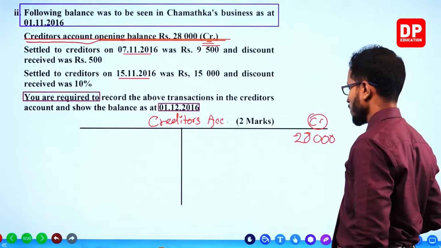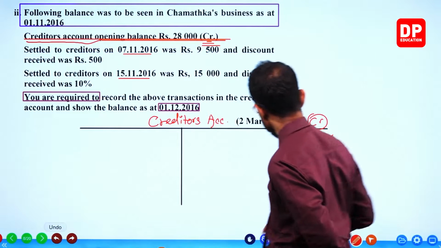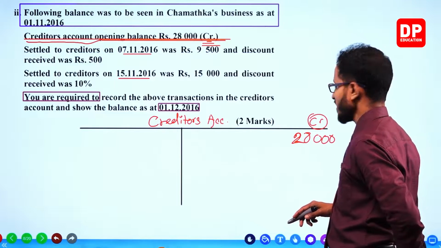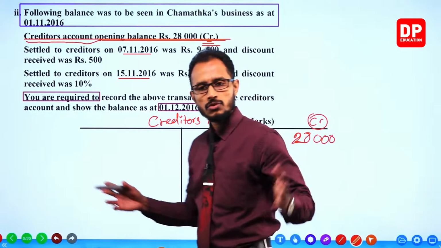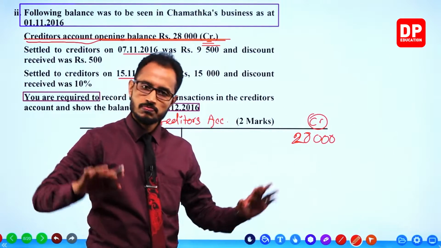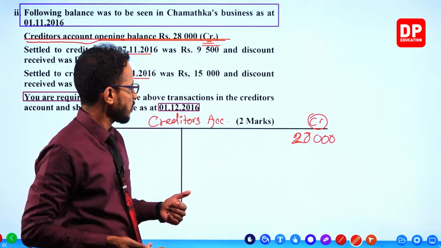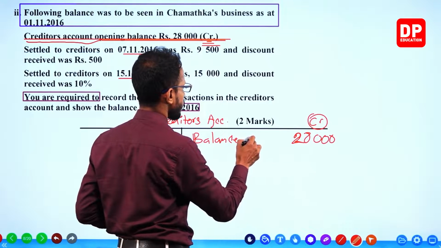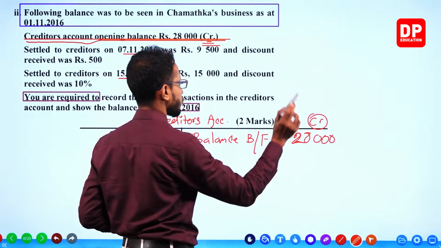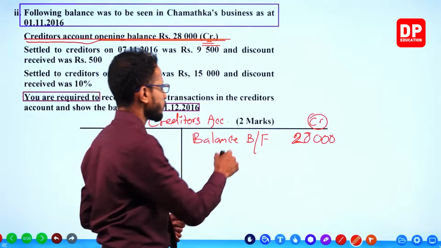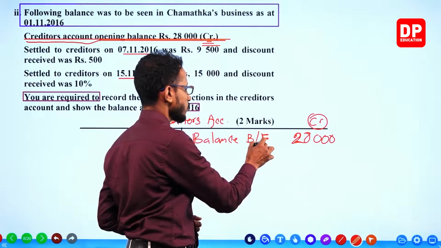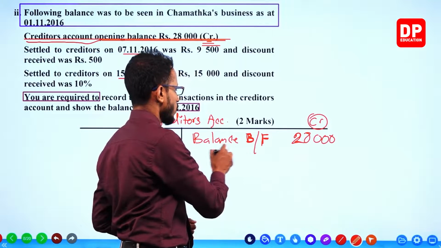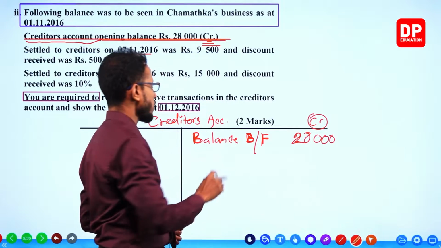There's nothing more here to think or imagine. Put balance brought forward, because this is the opening balance, 28,000. If you want, you can write BBF also.